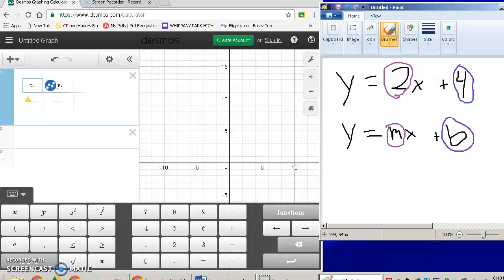Now that we've determined that our slope is 2, what does that mean for when we make our table? What that should mean is that y is going to increase by 2 each time x increases by 1. But how can we show that happening?